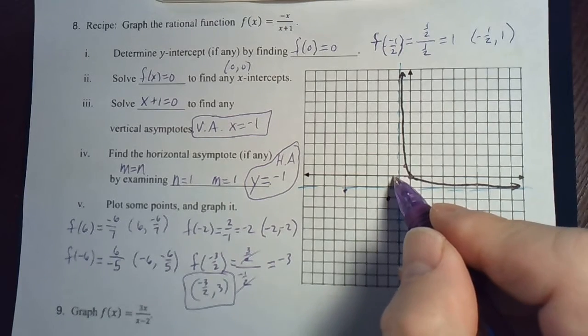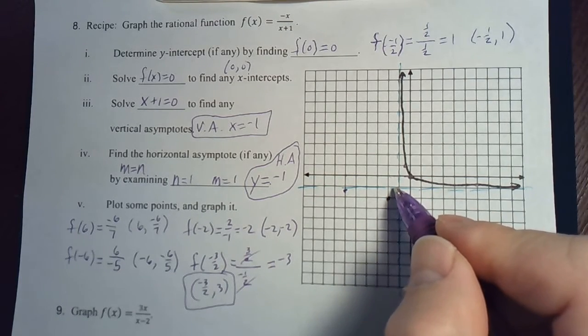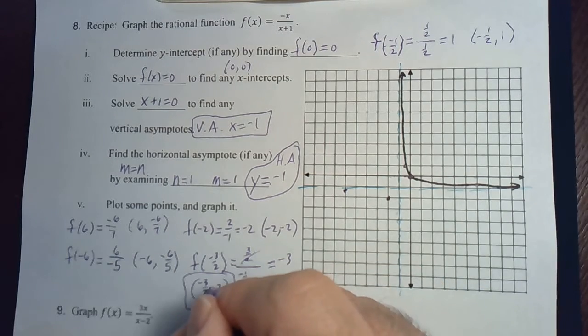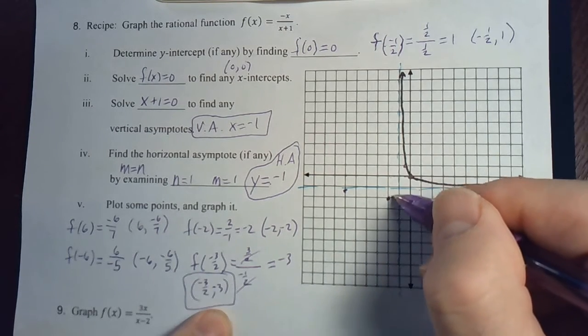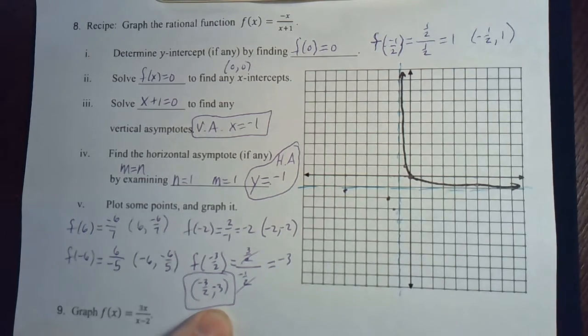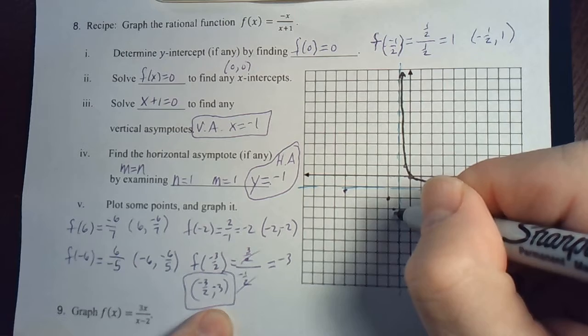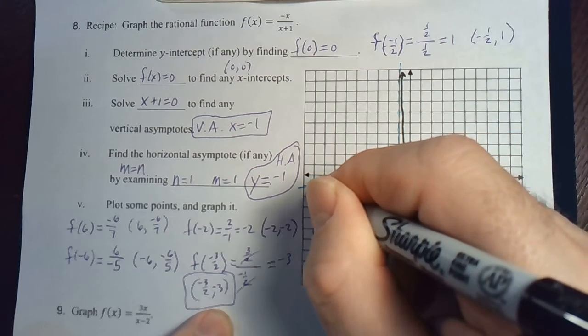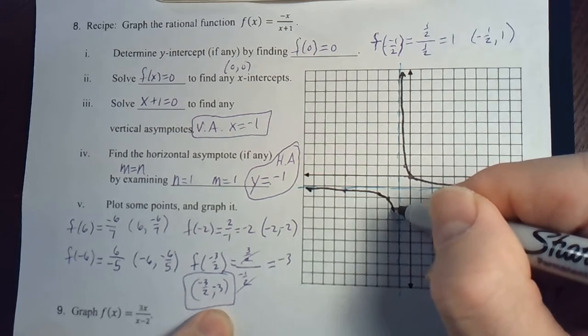Negative 3 over 2, 1.5, comma, I think it's going to be a negative 3, yeah. Negative 3 puts us right about there. Kind of like we expected. So the graph's going to look like this.